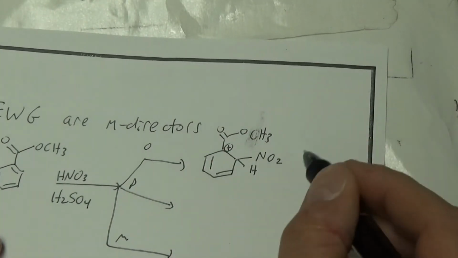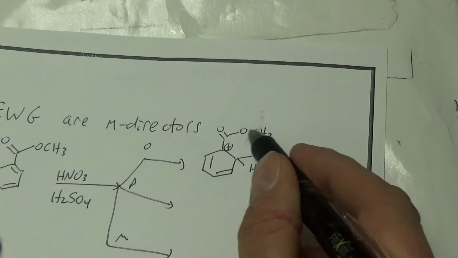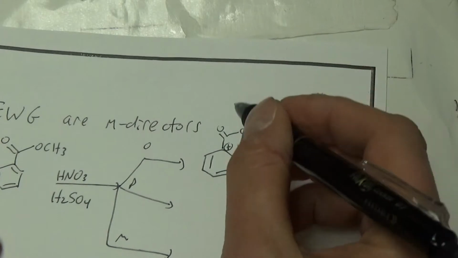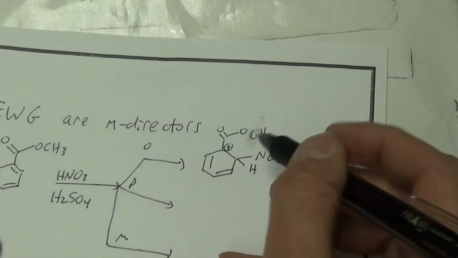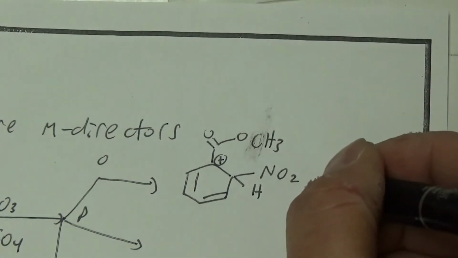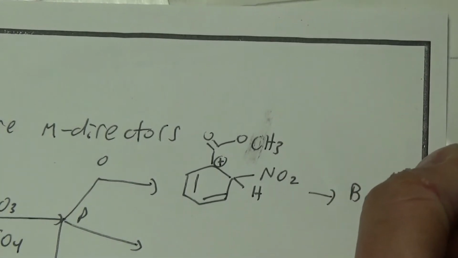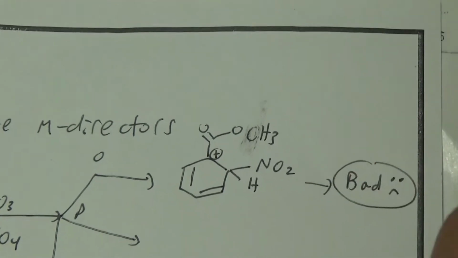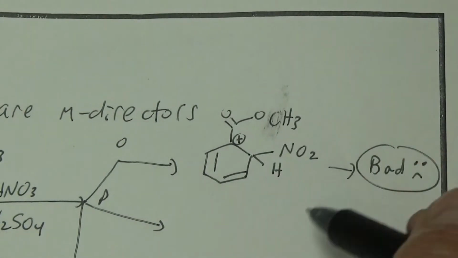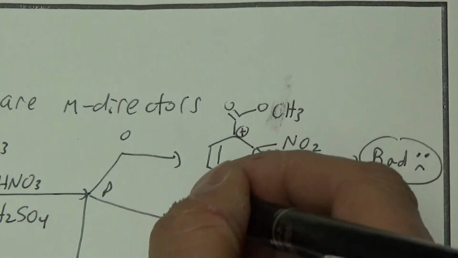And of course we say that's bad. You have a plus charge next to an electron withdrawing ester, right? It's trying to pull electrons towards the double bond O. So that is what we say is bad. That's a bad carbocation. It's unlikely to go down this pathway. Para does the same.